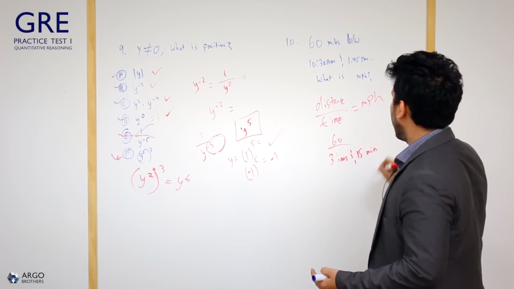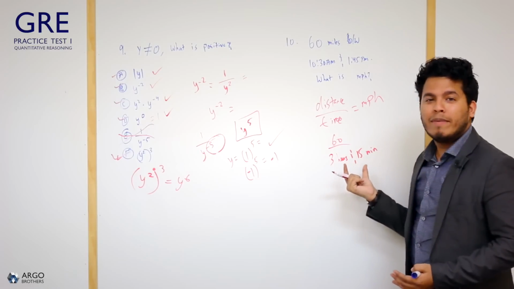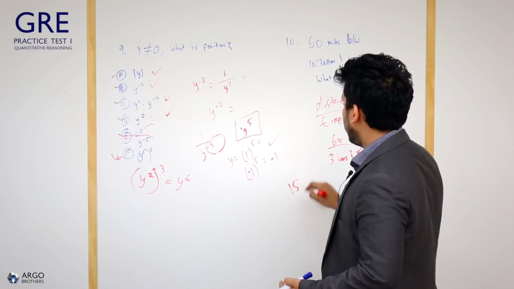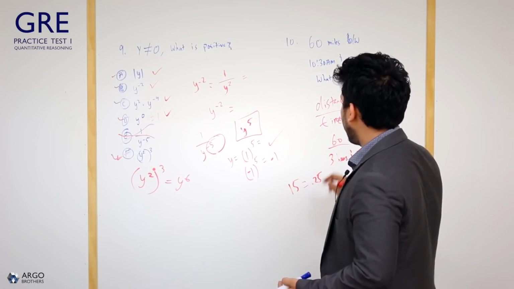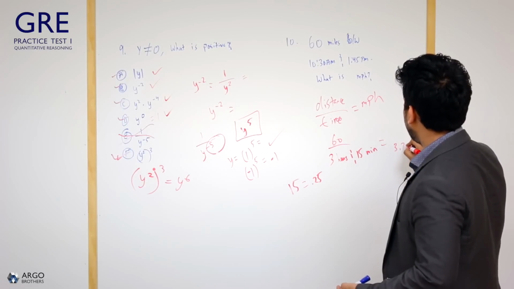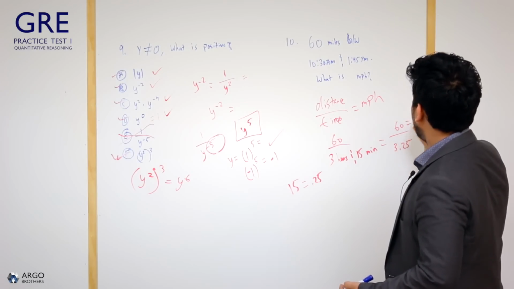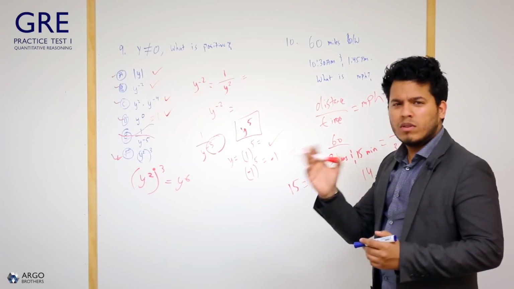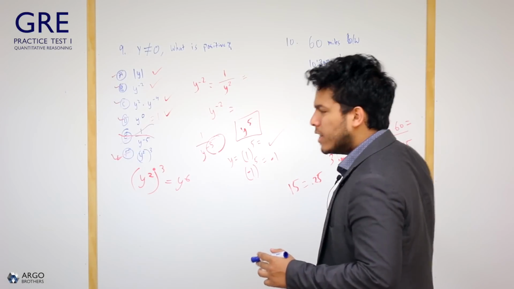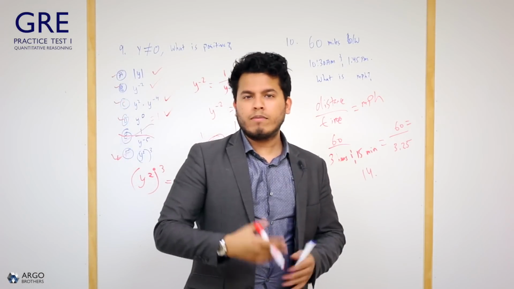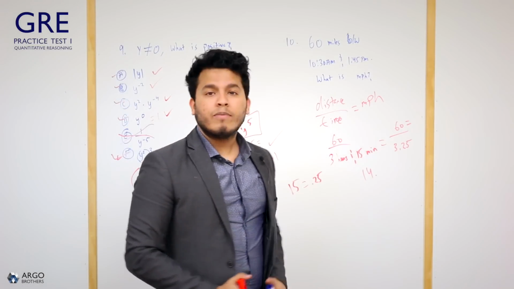Hopefully you know that you have to convert these 15 minutes to hours, and each 15 minutes is equal to 0.25, 1/4 of an hour. So this is actually just 60 over 3.25, which results in 18 point something, 18.4 or something like that. And the answer choice should be C, 18.5. You'll get something that is rounded to 18.5.